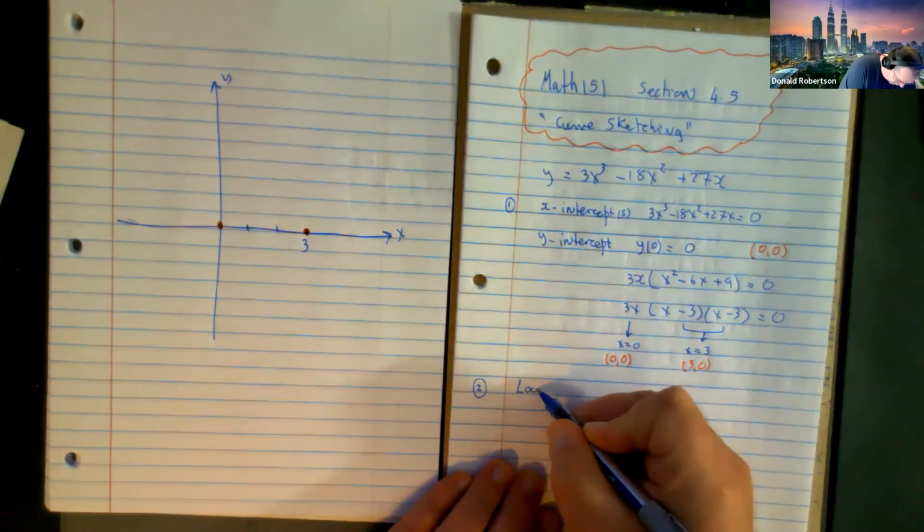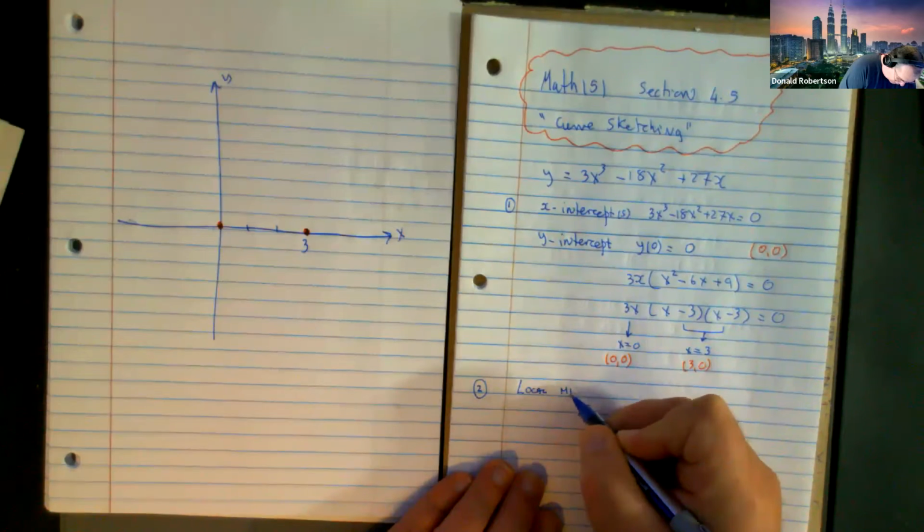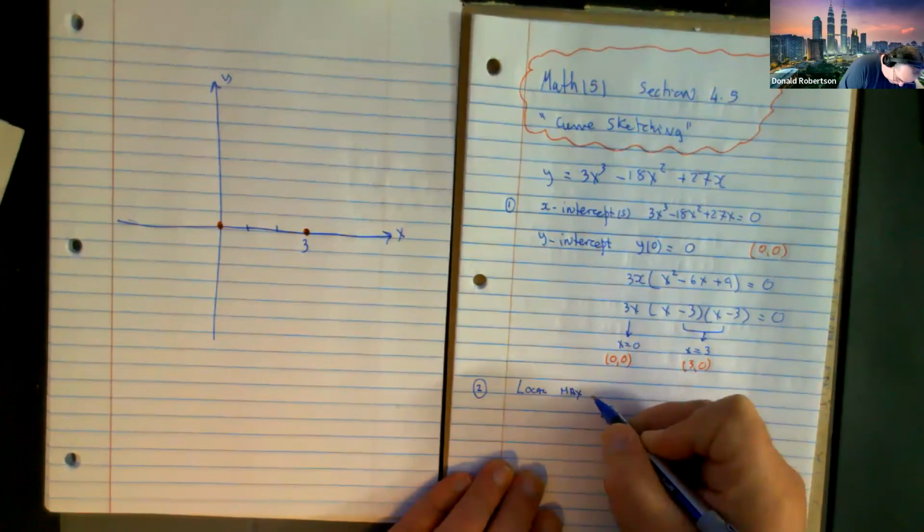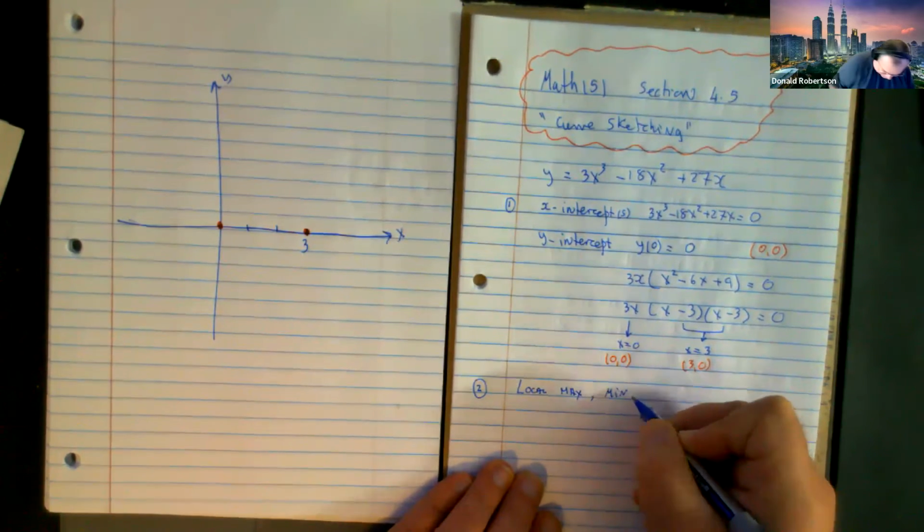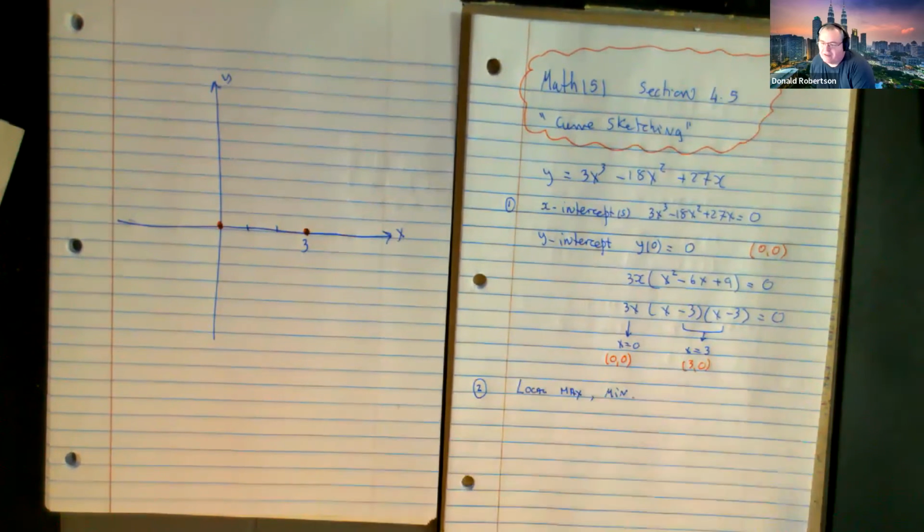Next thing I'm going to find are the local max and mins. Normally you would find the value of the local max and min, which just means the y coordinate, but I'm going to find both the x and the y coordinate, because if I want to sketch it, I need to know where the thing is and if it's a max or a min, of course.